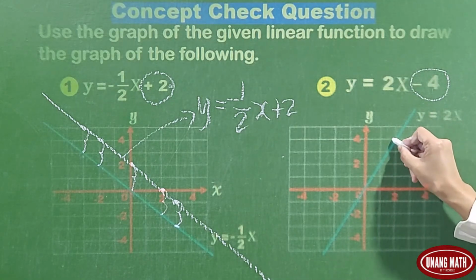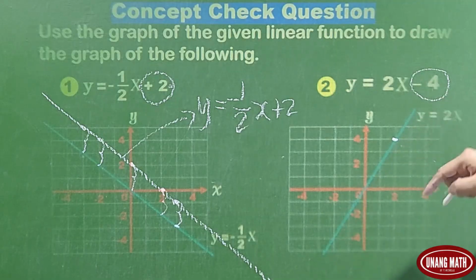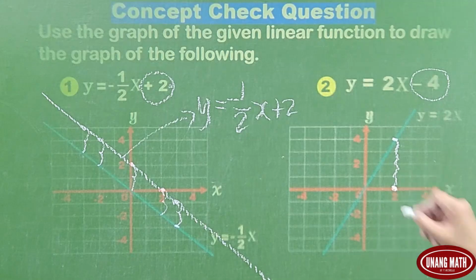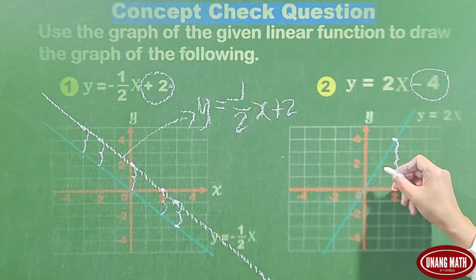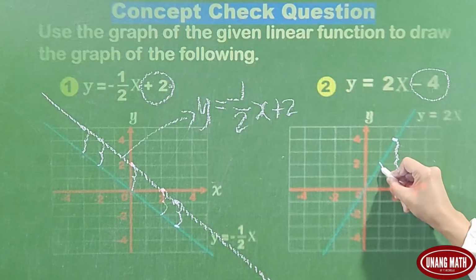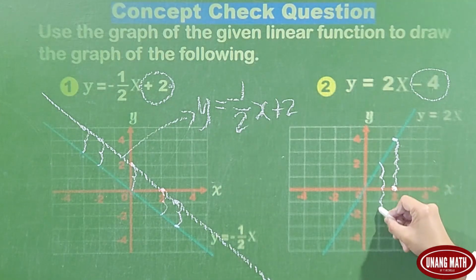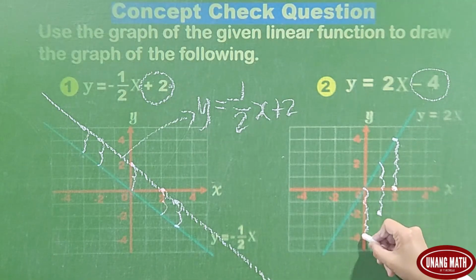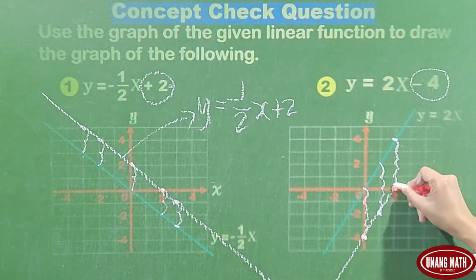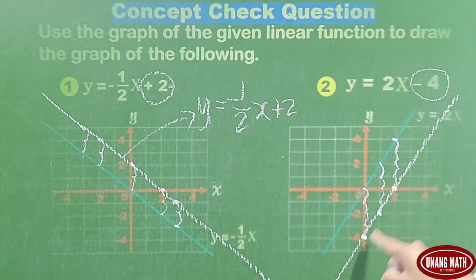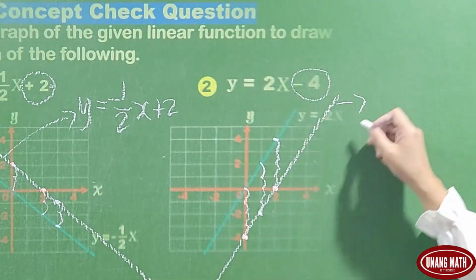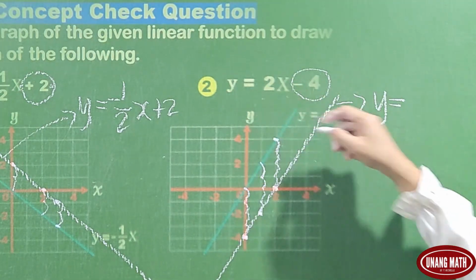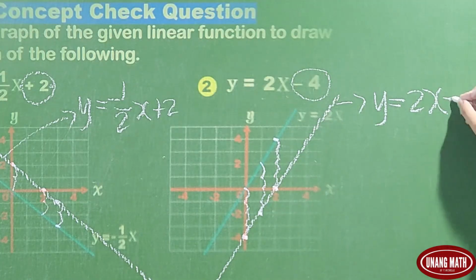So if this is the point, then going down 4 units, then we have 1, 2, 3, 4. This point. Okay, what about if this is the point? So going down 4 units, 1, 2, 3, 4, this is the point. And if we're going to connect these points, then this is now the graph of y is equal to 2x minus 4.